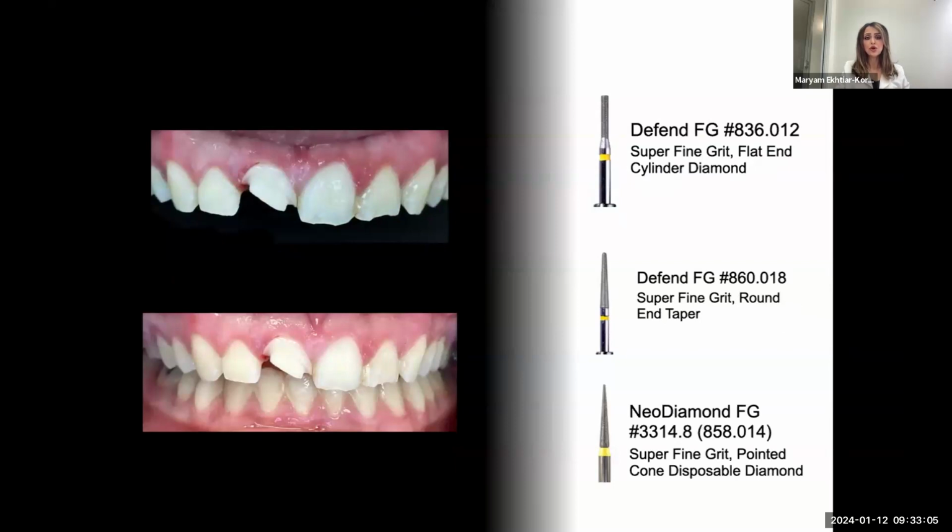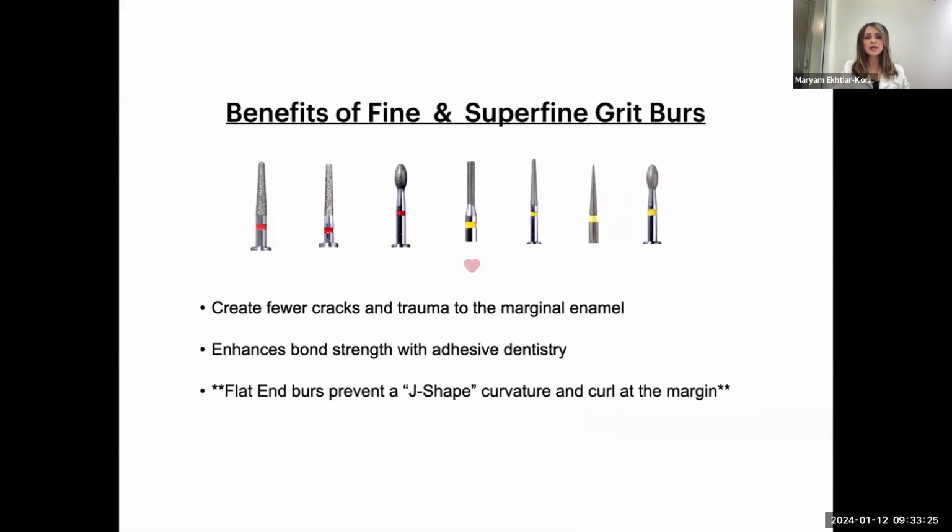So I finish all of my preps, be it a posterior crown, an inlay onlay, or an anterior restoration, with a fine grit diamond. My favorite, the one of choice, is the flat end, because the flat end prevents that J-shape curvature or curl at the margin, and that enhances a better juncture with the restoration.